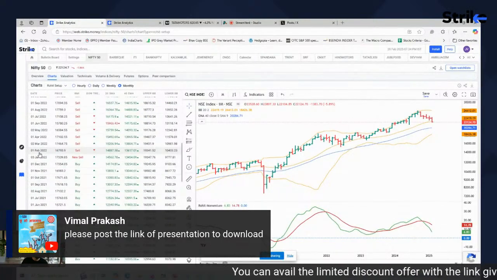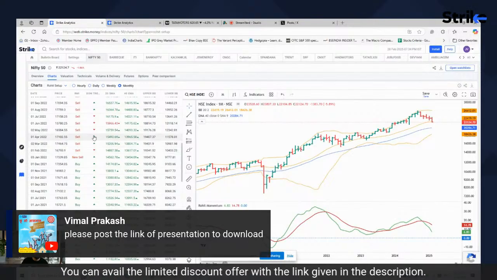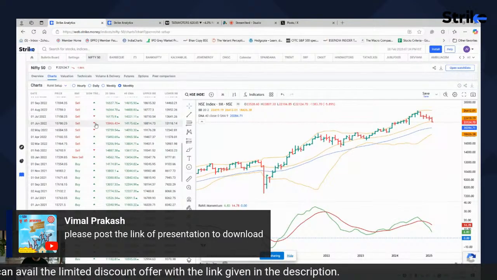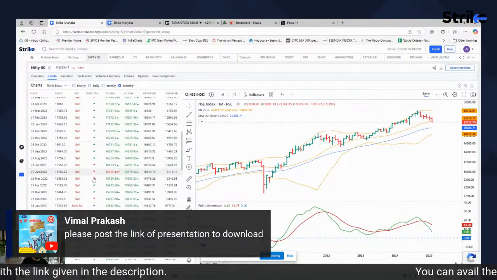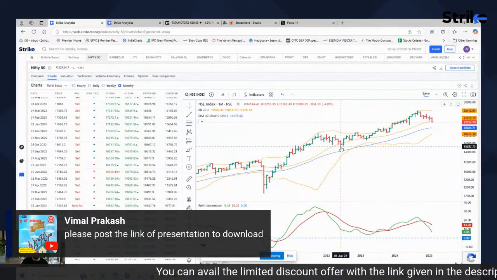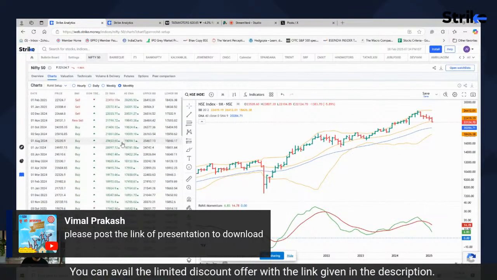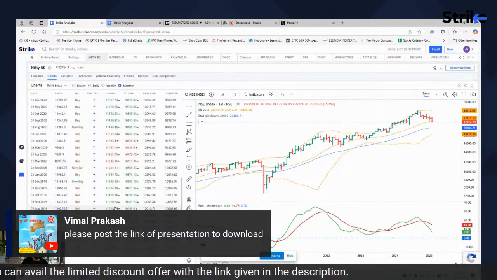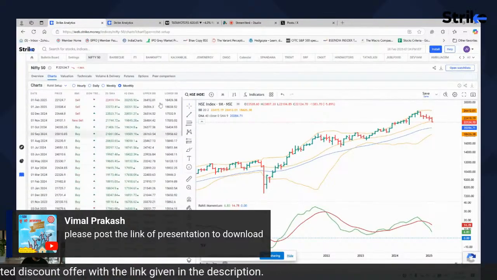I think it was only in Feb 2022 when this happened, but after that it immediately came back up, it saw some bit of whipsaw. Sorry, it was basically in June 2022 when we saw Nifty closing below the 20-month average. But apart from that, all this while there has been a green altogether.